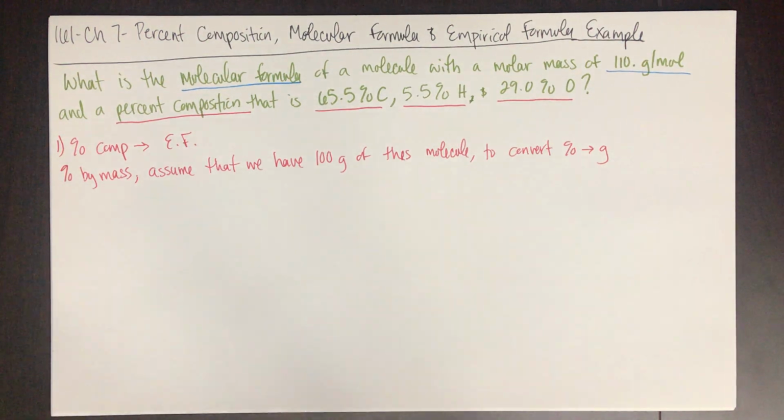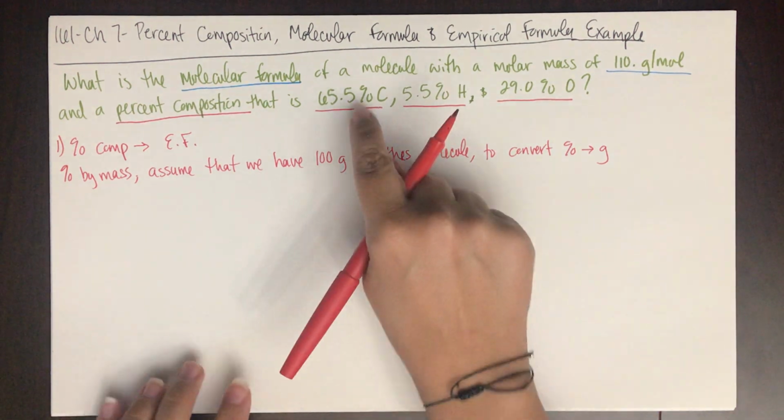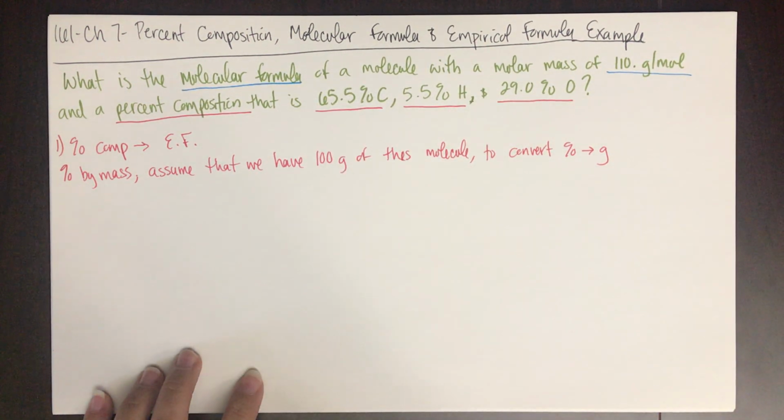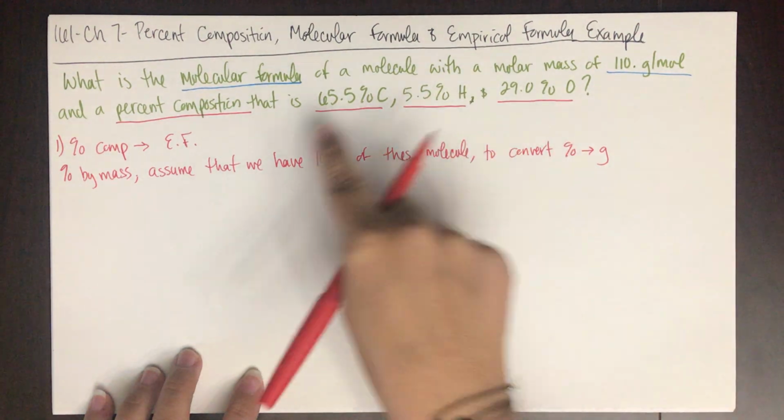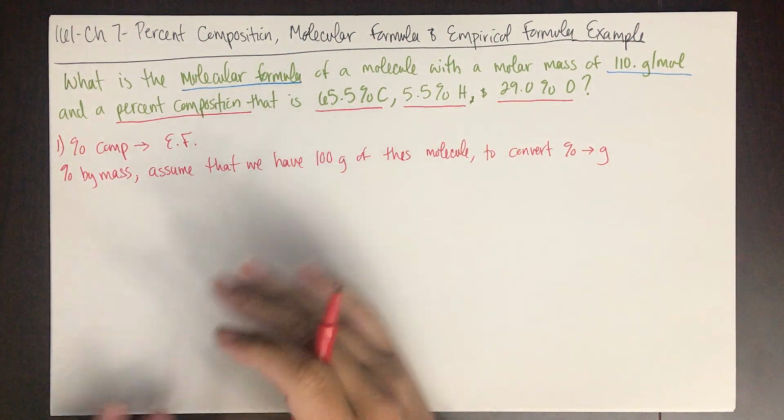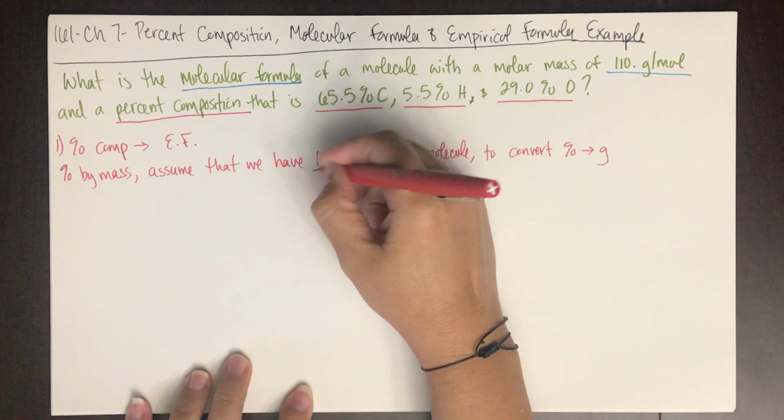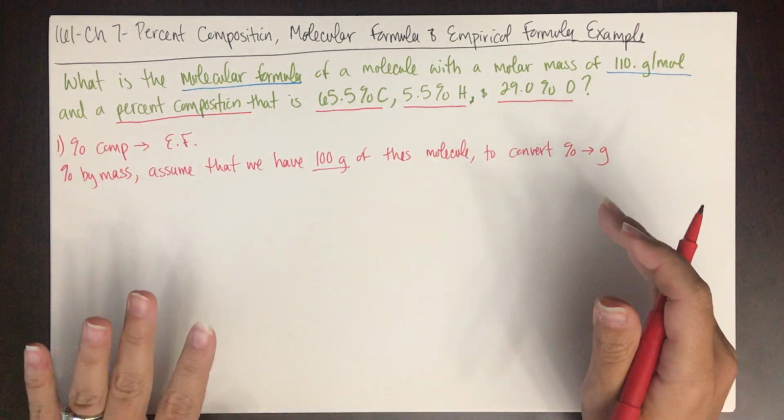We're just assuming this for a ratio later, so just hang with me. Whatever the percent is, we are going to convert that percent to mass by assuming that we have 100 grams. This is just an assumption.